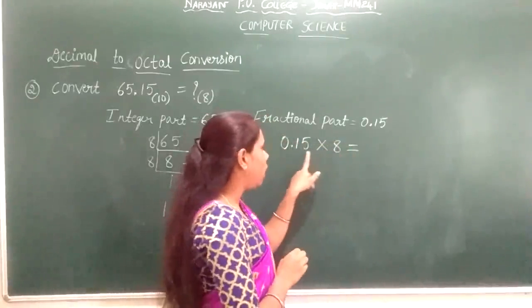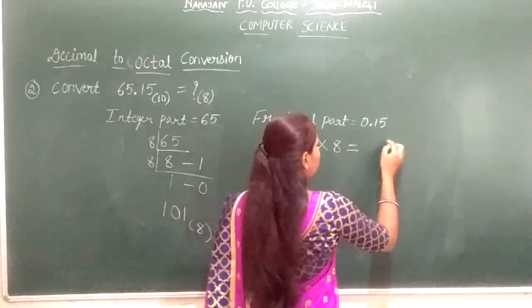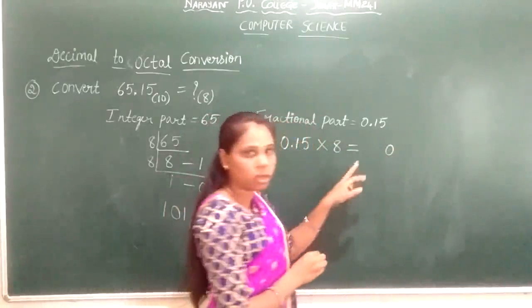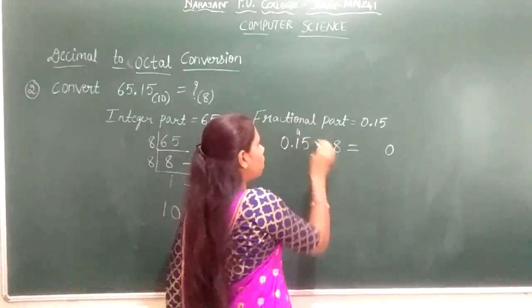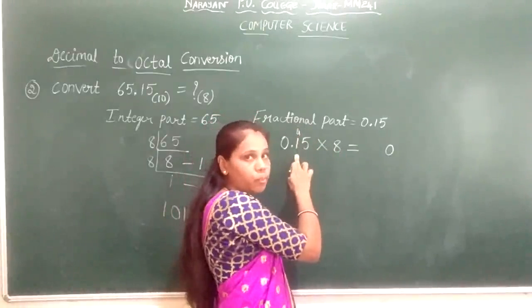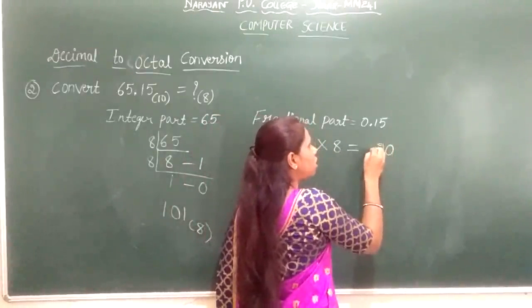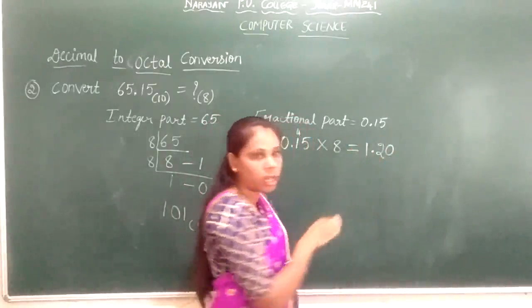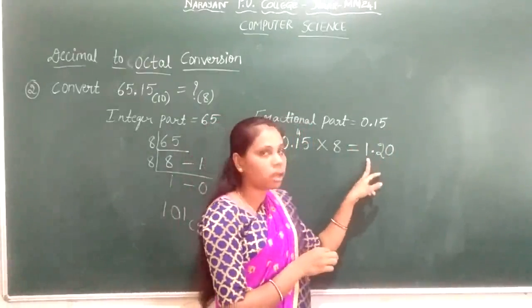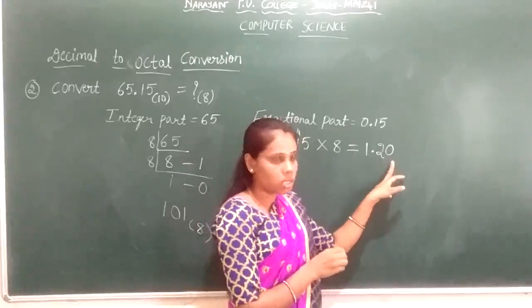So 8 5s are 40, the carry is 4. Now 8 1s are 8, 8 plus 4 is 12. So I will write 2 and 1 will be carried, so I write 1.20.